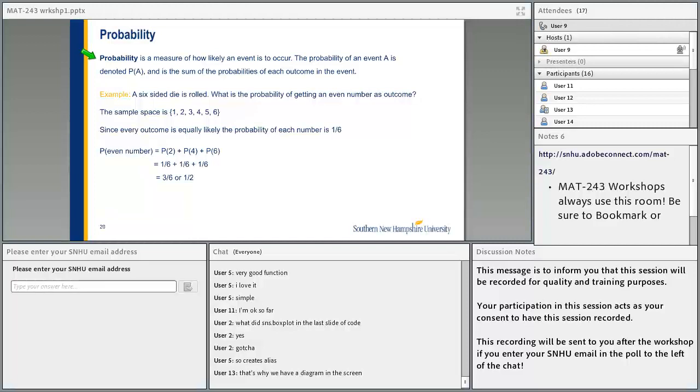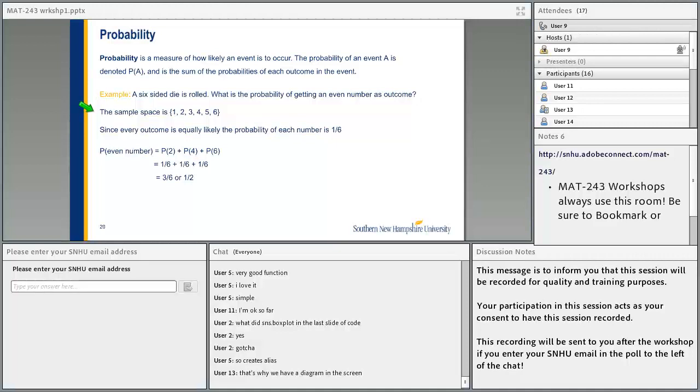Probability. So probability is a measure of how likely an event is to occur. The probability of an event A is denoted P of A, and it is a sum of the probabilities of each outcome in the event. So here's an example. If a six-sided die is being rolled, what is the probability of getting an even number as outcome?